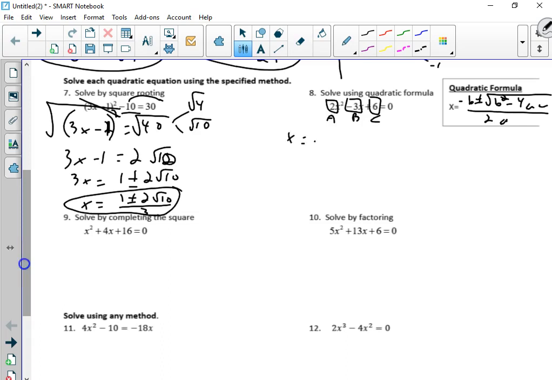So, x equals the opposite of b, which is already negative, because it's become positive, plus or minus, square root, negative 3 squared. Remember, it's going to be positive 9, not negative. Minus 4 times 2 times 6. All over, not just the radical, the whole thing over 2a.